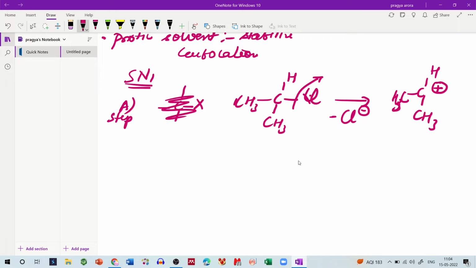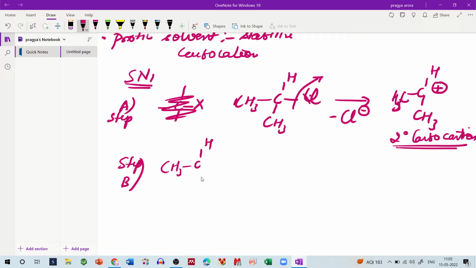And then what will happen in step 2? Since it is a secondary carbocation and it is stable, there is no possibility of rearrangement to form a more stable carbocation. So in the second step, to this carbocation generated, comes the incoming nucleophile, let's say we take bromide as the nucleophile.